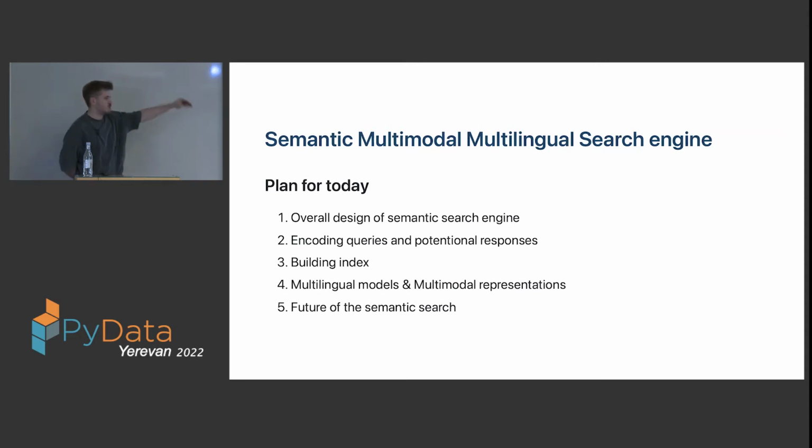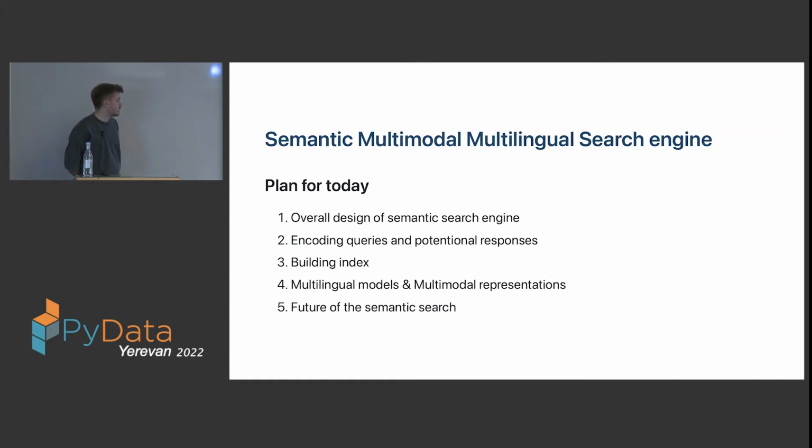There are lots of buzzwords on the top: multimodal, multilingual. So we will discuss today how to make your model multilingual and maybe how to make your semantic search engine multimodal. We will see what the design is, where the encoding part of your queries and your database is, where you can try to search something.